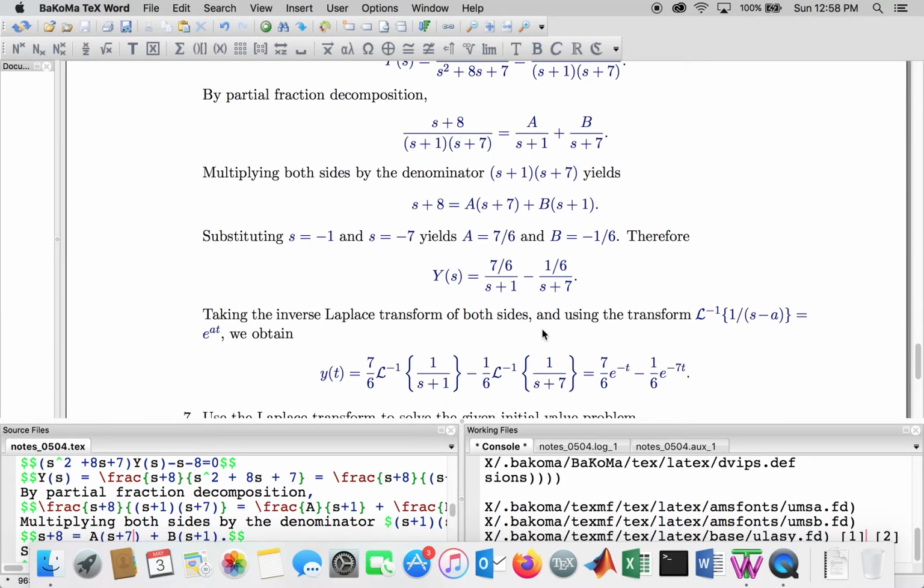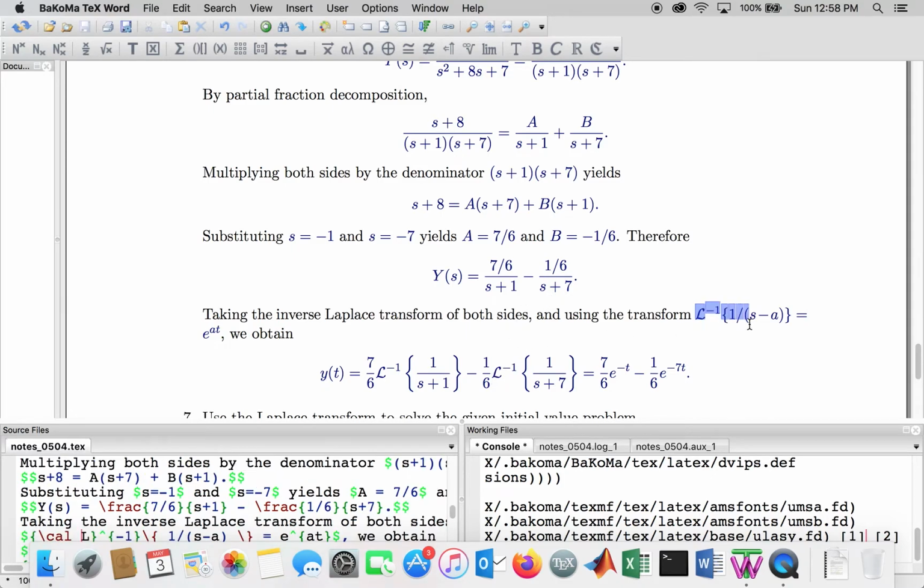And now I can take the inverse transform of both sides to get the solution y of t, which is really what I'm after. So you pull out the constant factor 7/6 times the inverse transform of 1 over s plus 1, and then minus 1/6 inverse transform of 1 over s plus 7. So I'm using the same rule as before, where 1 over a shifted s leads to an exponential.